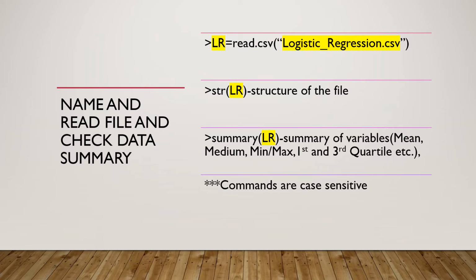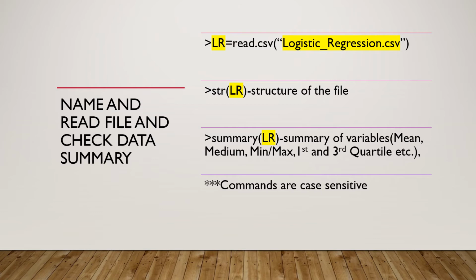So for an example, I decided to name my data frame LR, and then equal read.csv, open parentheses, quotation, the name of my file that I saved it as in Excel, which was logistic_regression.csv, and then quotation marks, close parentheses.